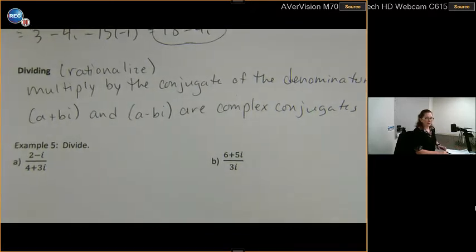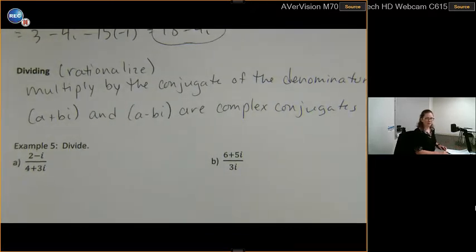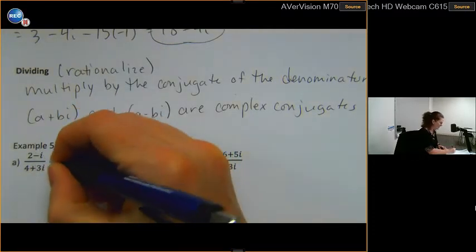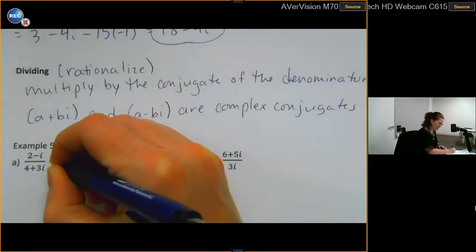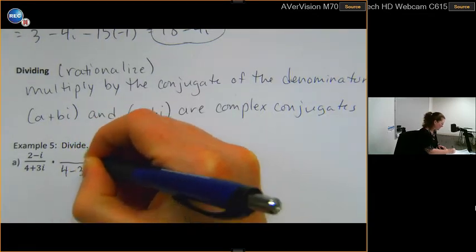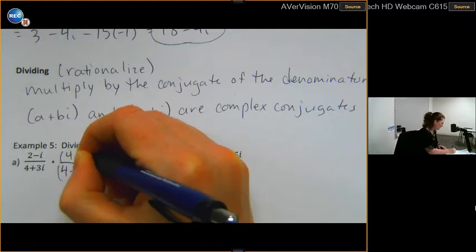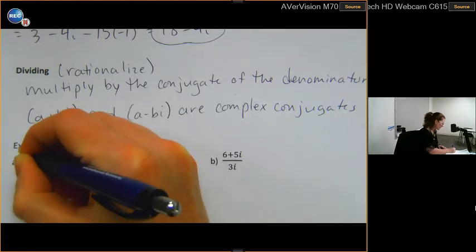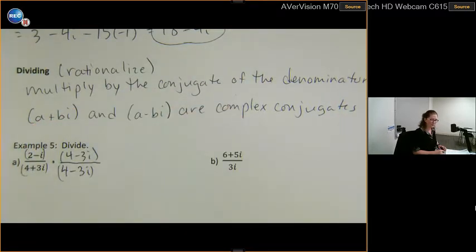So on letter A, when it says to divide, remember that divide doesn't really mean divide in the traditional sense. In this case, it means we need to rationalize by multiplying by the conjugate. So a lot of foiling going on.